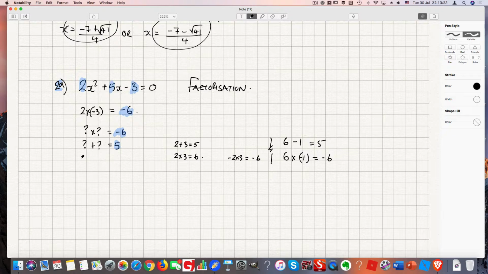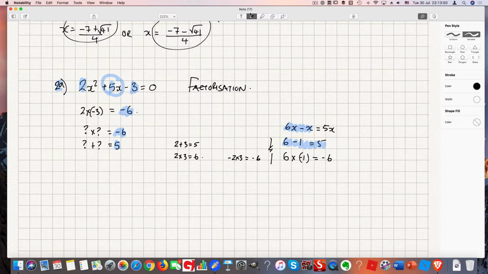So what we do then is take this here, 6 take away 1 is equal to 5, and we can just take that as 6x minus x equals 5x. So we're going to take that 6x minus x and replace it where there is this 5x.